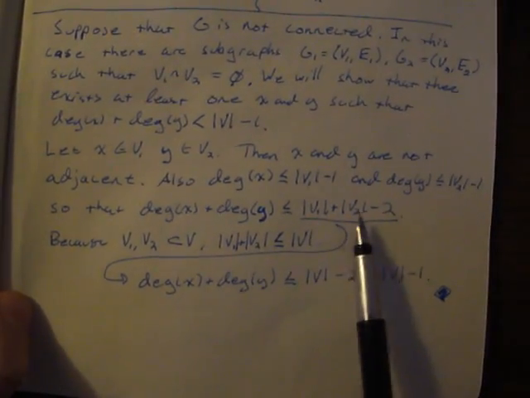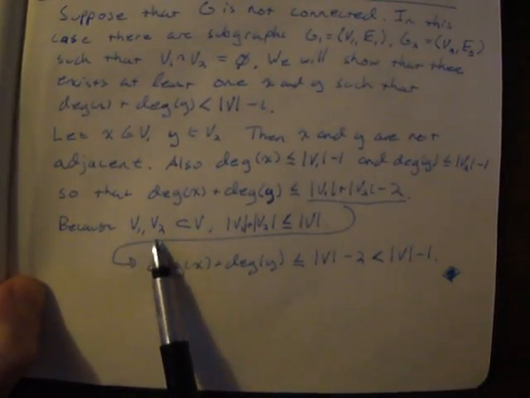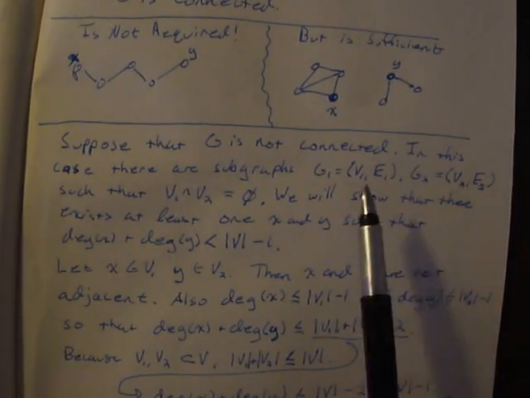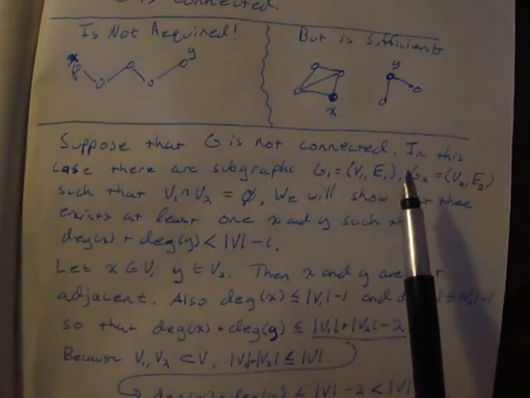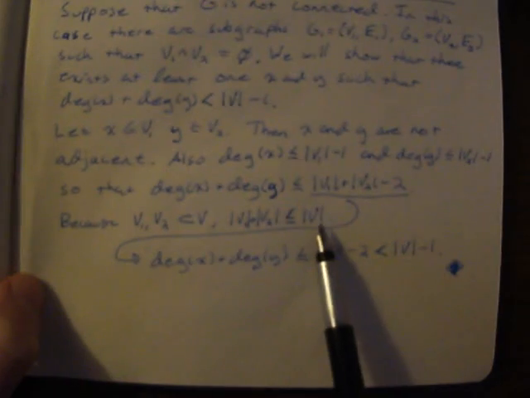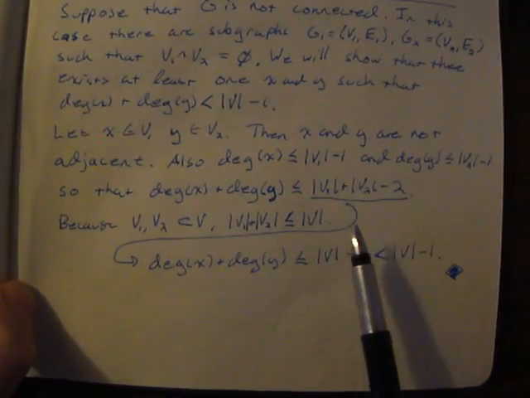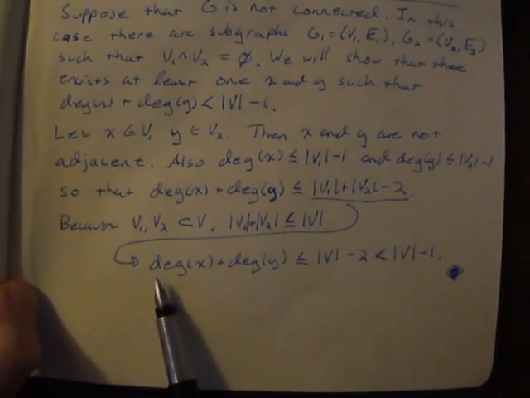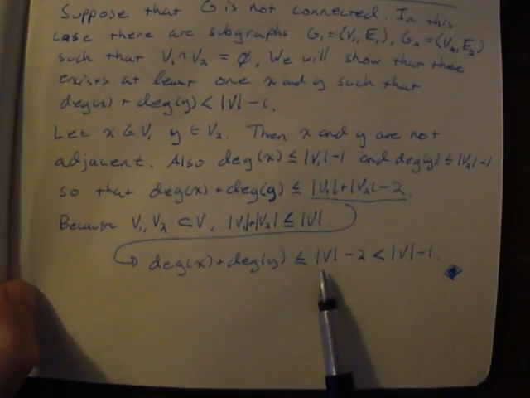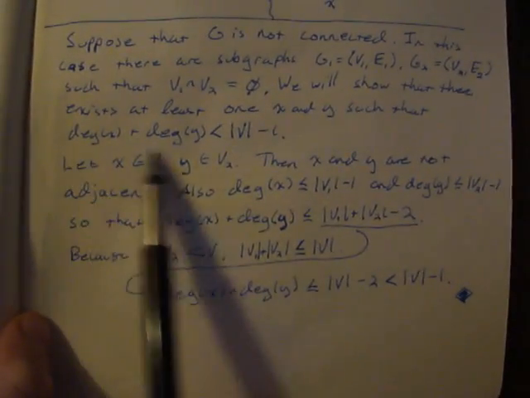But notice that because V1 and V2 are both subsets of the vertex set of the whole graph, the sum of their cardinalities has to be less than or equal to the cardinality of V. In that case, the degree of x plus the degree of y is less than or equal to the cardinality of V minus 2, which is strictly less than the cardinality of V minus 1. And that's exactly what we were trying to show.